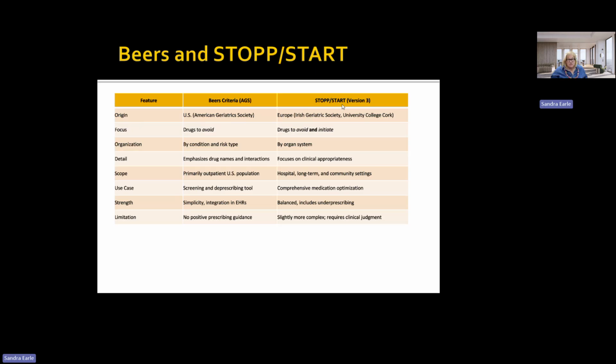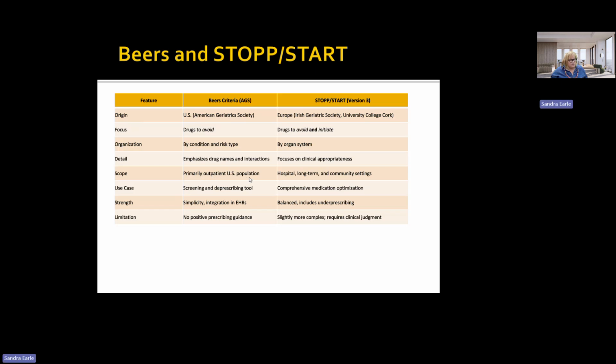So it's not just what to avoid, but what are drugs that are better to use in this group. How is it organized? By condition and risk type, and STOPP/START is by organ system. Beers criteria emphasizes drug names and interactions, and STOPP/START emphasizes clinical appropriateness.